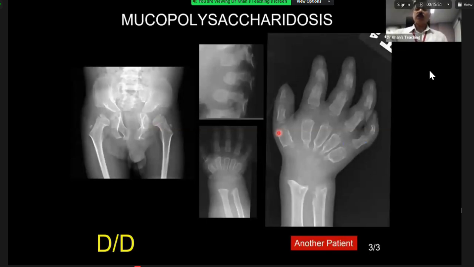Another finding, in another patient I showed you, which is in the literature, is that the metacarpals have proximal ends that are tapered. You can imagine that this end is tapered and the distal end is flared. So this is mucopolysaccharidosis.